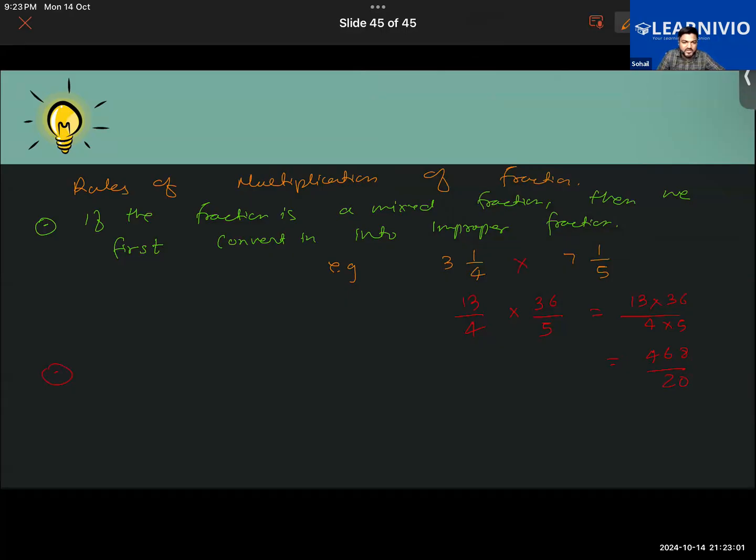Another rule of multiplication says that if any given fraction is multiplied with 1, the result will be the same fraction. So any fraction multiplied with 1 results in the same fraction. It gives you back the same fraction.